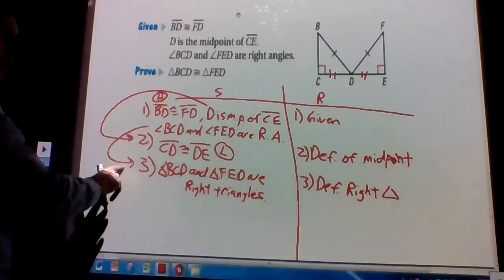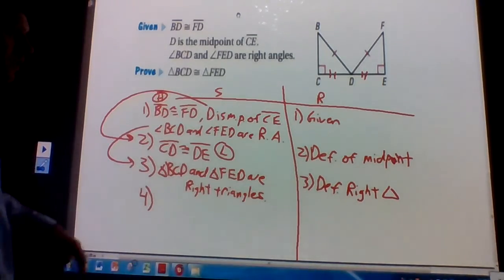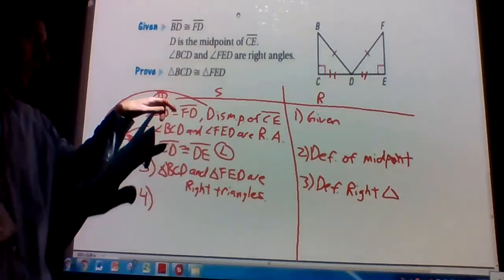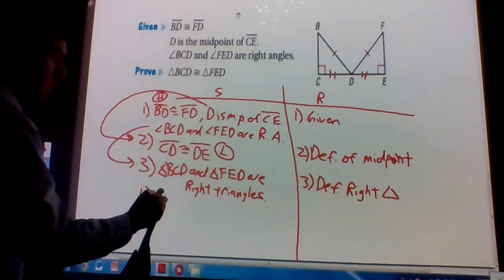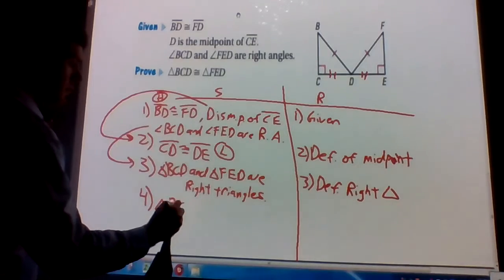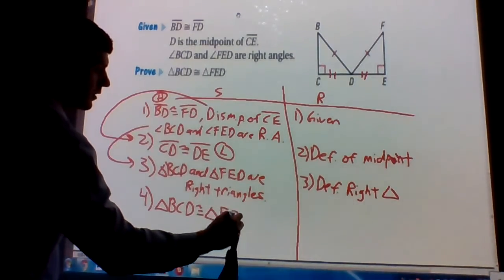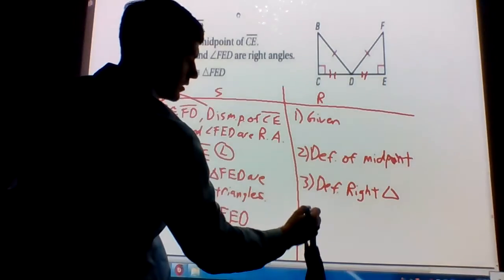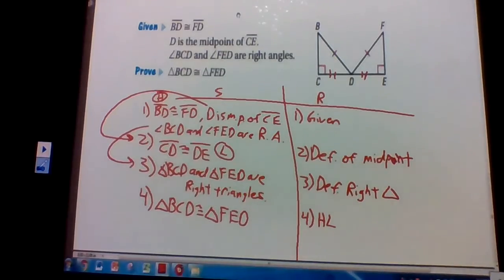So since it's a triangle and it's got a right angle, it's a right triangle. Okay, now that we have all three conditions met, we have right triangles, we have hypotenuses congruent, and we have one pair of legs congruent. We can say the triangles are congruent. So triangle BCD is congruent to triangle FED using hypotenuse leg. And that's that for that one.